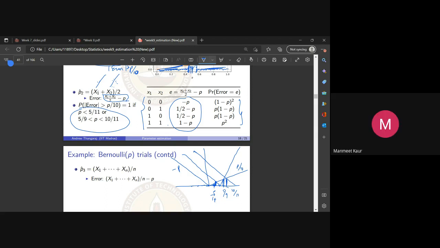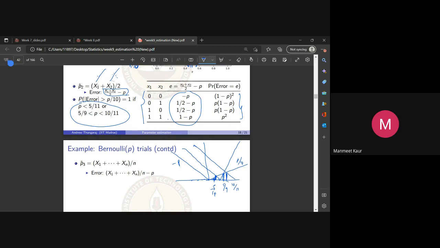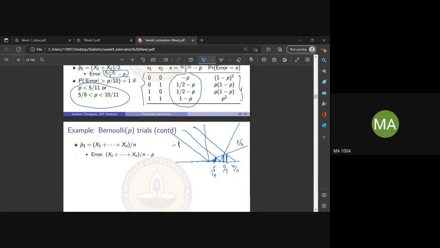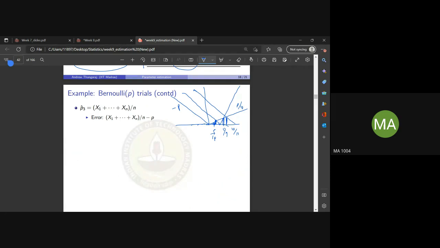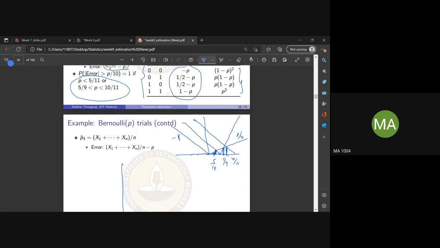Ma'am, why are we saying it's less than 5 by 11 or between 5 by 9 and 10 by 11? Why not more than 10 by 11? That's what I said, you have to plot the graph to see it. Like this graph you have, and your error was minus p.